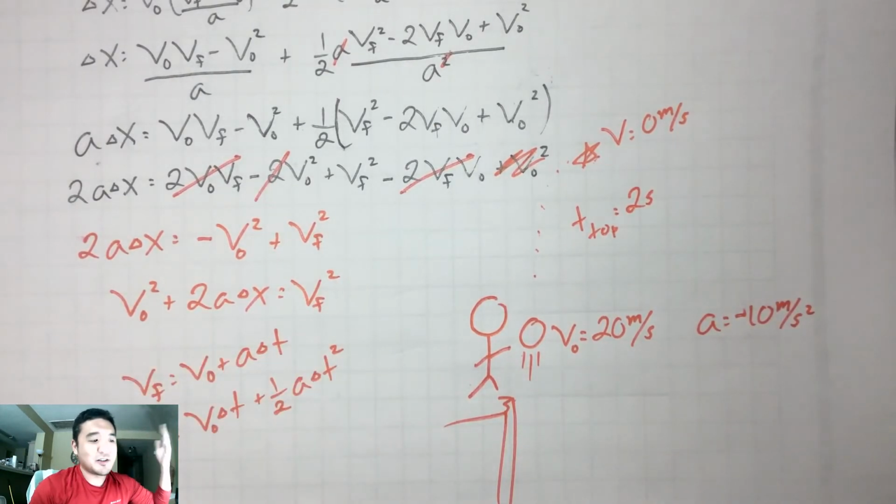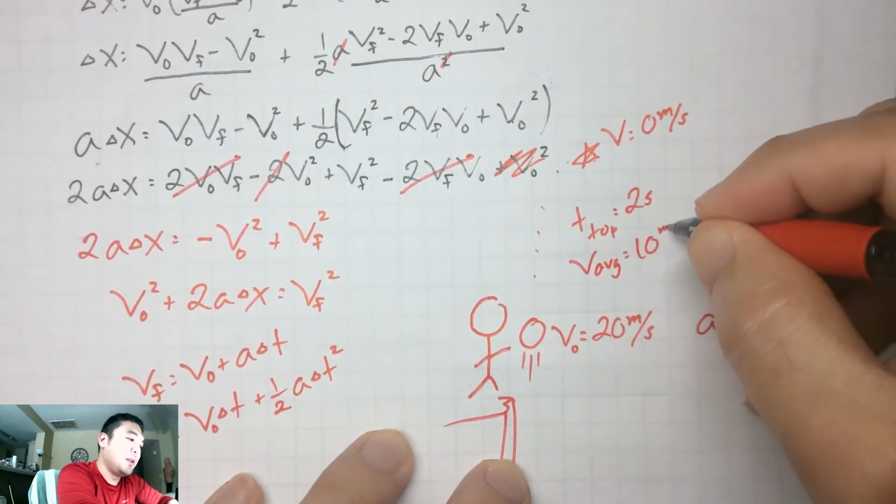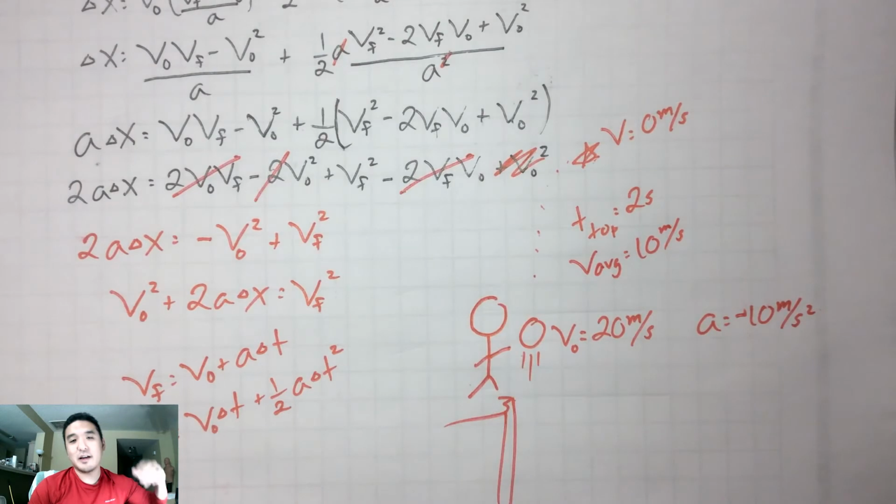And this is just, again, talking the problem through. Well, if we know we go from 20 meters per second upwards to 0 meters per second, what's the average? Well, the average between 0 and 20, assuming constant change, is going to be 10. So my average velocity on the way up is 10 meters per second. Again, we're trying to keep the math out of it. I'm trying to keep this as a physics class right now.